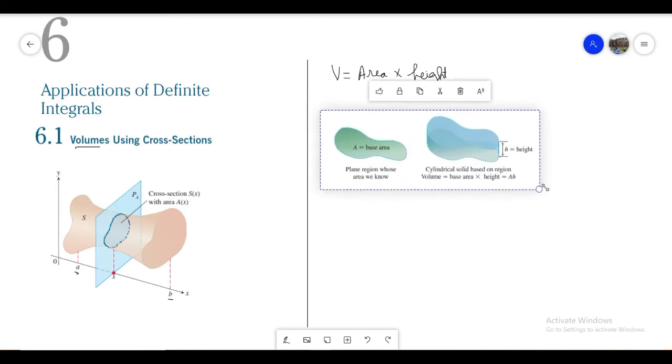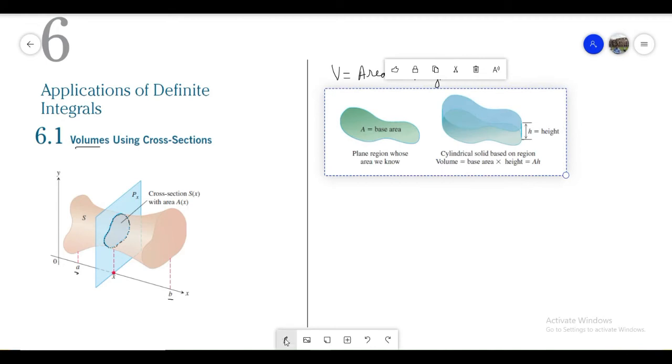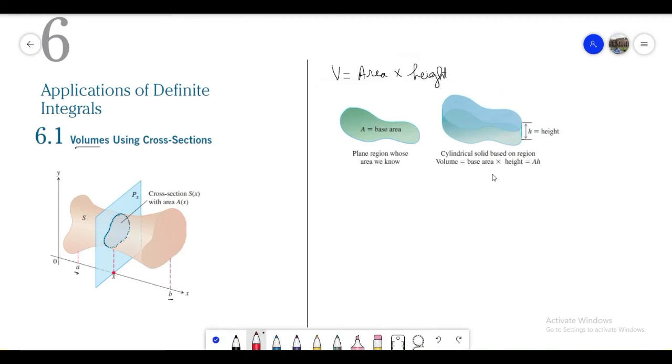Basically, this is any arbitrary figure. When we talk about volume, we will always have the base area. This is called the base area of the plane region whose area we know. And this is the height of the cylindrical solid region, and we can easily compute the volume by the base area times its height.